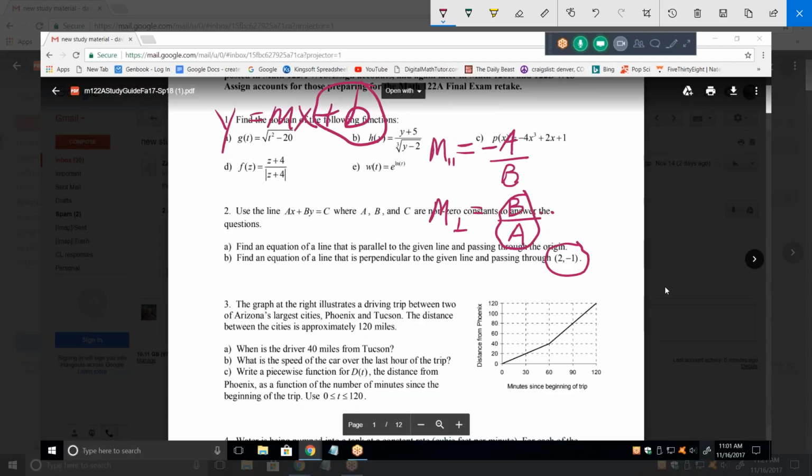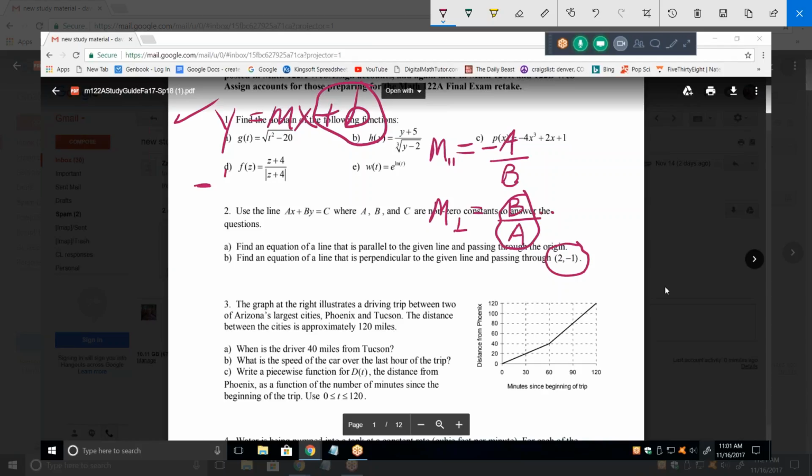Yes. In other words, we know what m is. m is B over A. And we have a point that has to satisfy that equation. And in that line, the y value has to be minus 1 when the x value is 2.